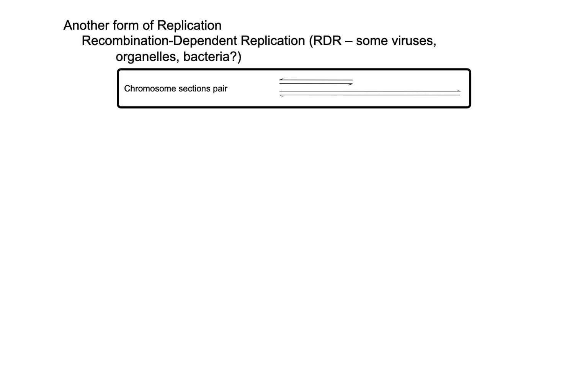So anyway, you have sections of chromosome separated from one another to start out with. This may seem somewhat odd because you think it should be a circle or a chromosome, but this is actually quite common in some viruses, in organelles, and in some bacteria.